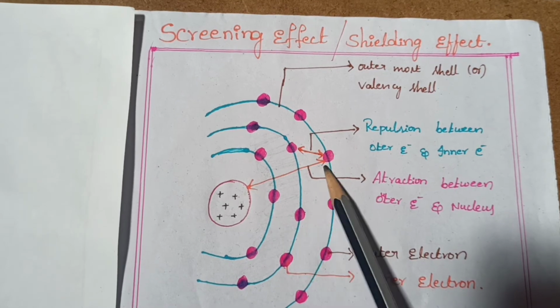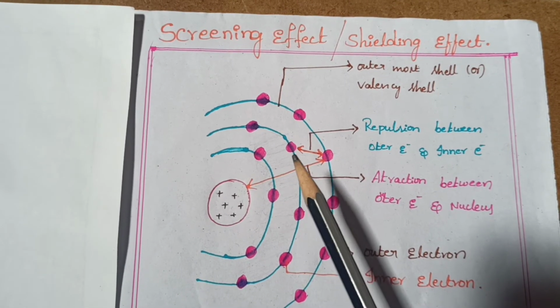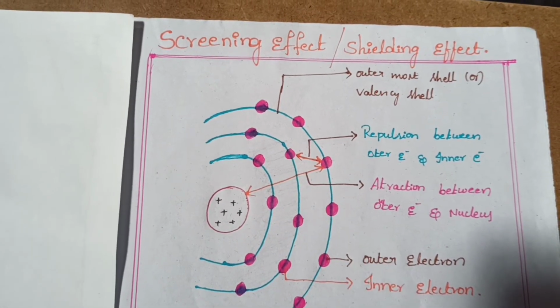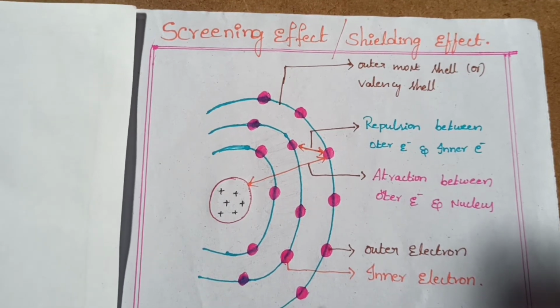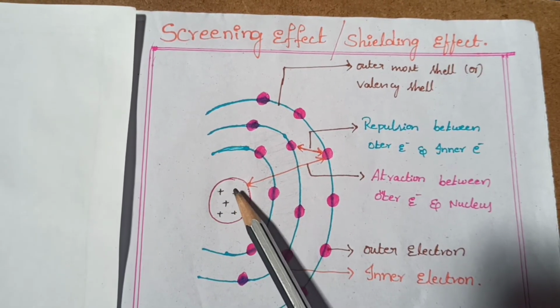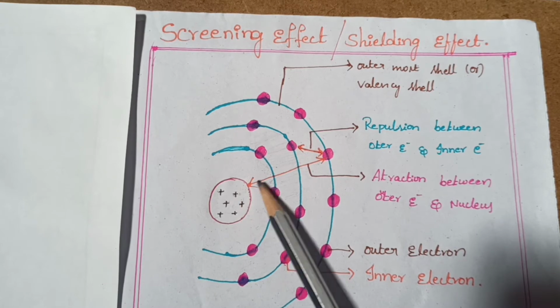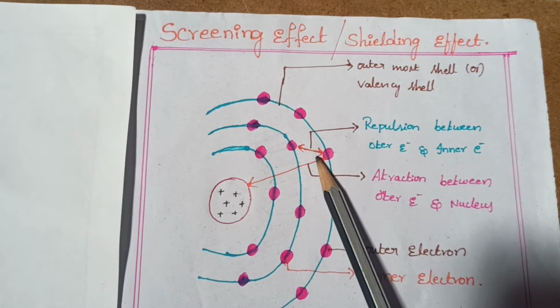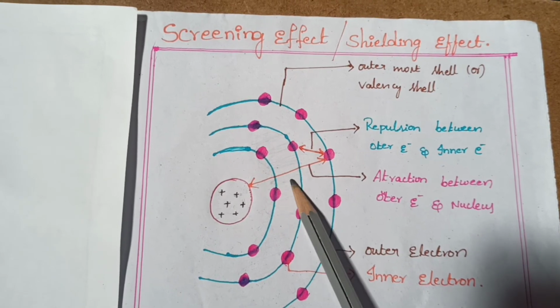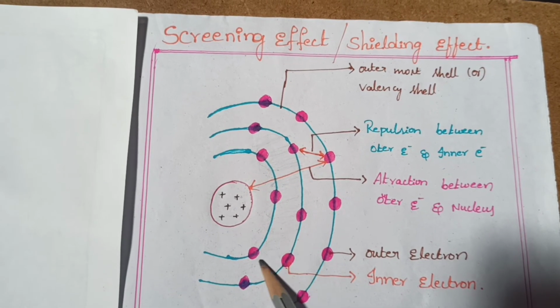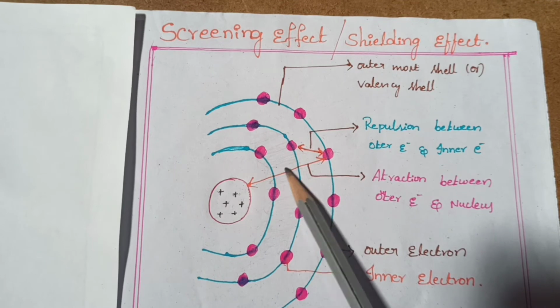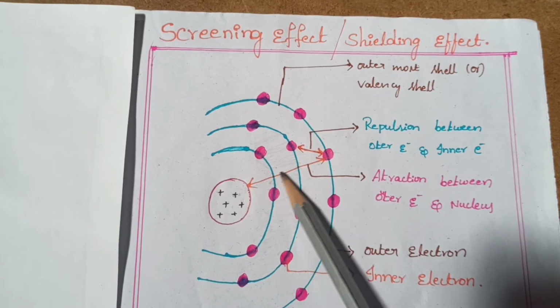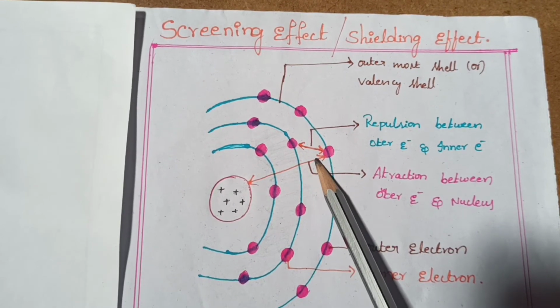So this particular process is called the screening effect or shielding effect. Are you able to understand, students? This is the nucleus, attraction is present here, and this is the outermost electron. Because the inner shells form a screen here, the nuclear attraction from here to here is reduced. Understand?